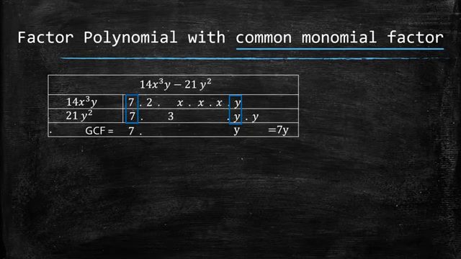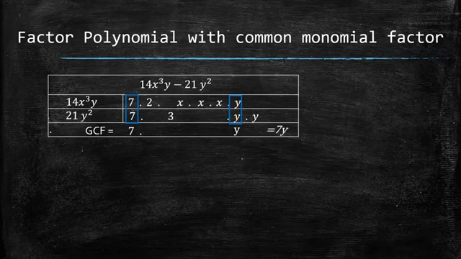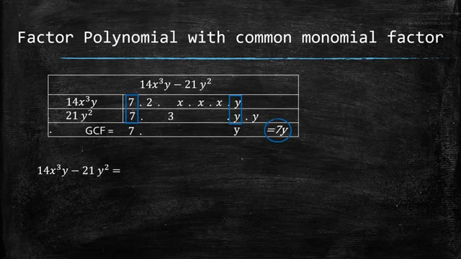This is what you will do. First thing you're going to do, of course, you copy the given. This is what we will factor. Next thing that you're going to do, class, is get the common monomial factor, or the GCF. Actually, that is the common monomial factor, the GCF.